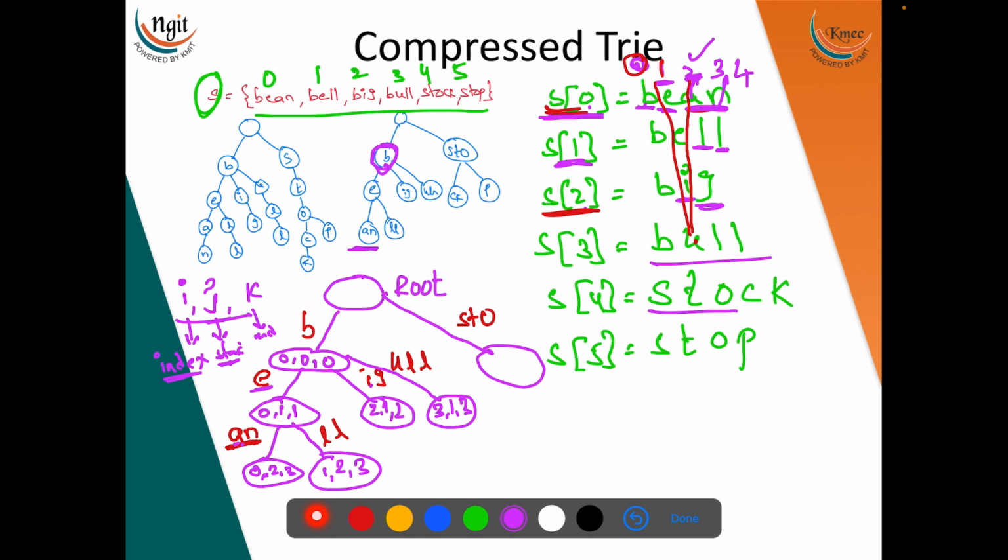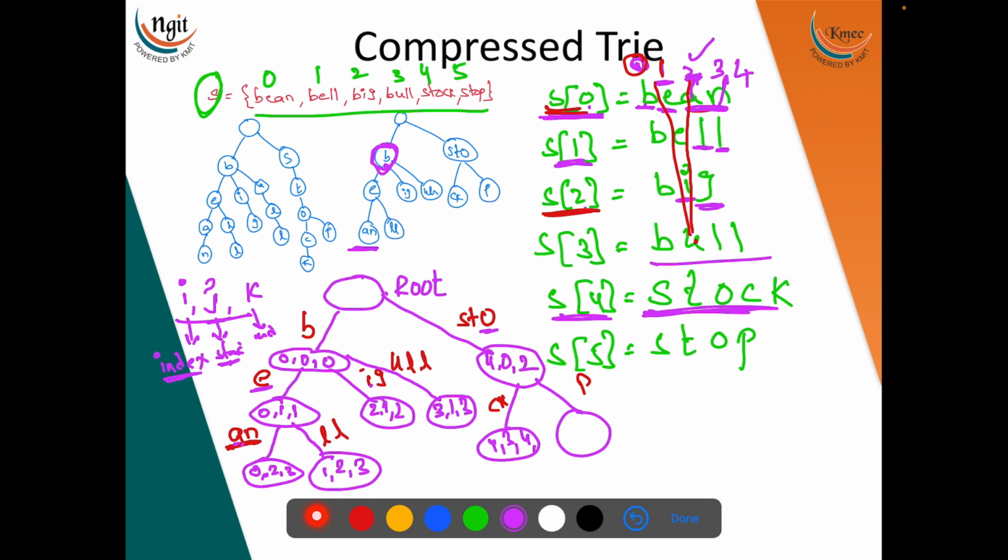So now STO is what? Stock is in the 4th index. Now S has started in 0th and ended in 2. Now CK. This is CK and this is P. So CK is 4th string, 3rd place, 4th place. Now let's see.